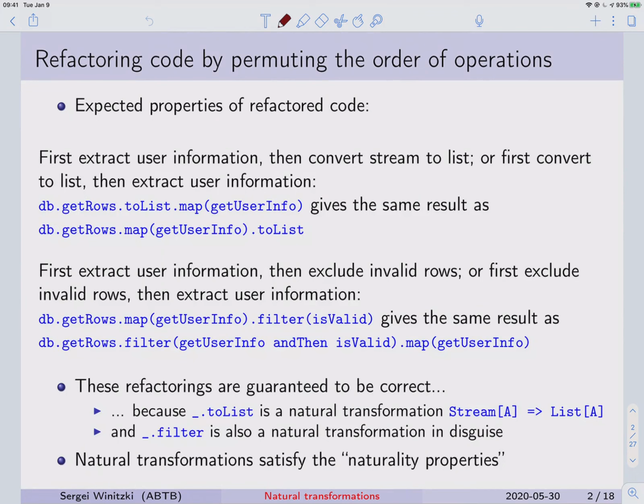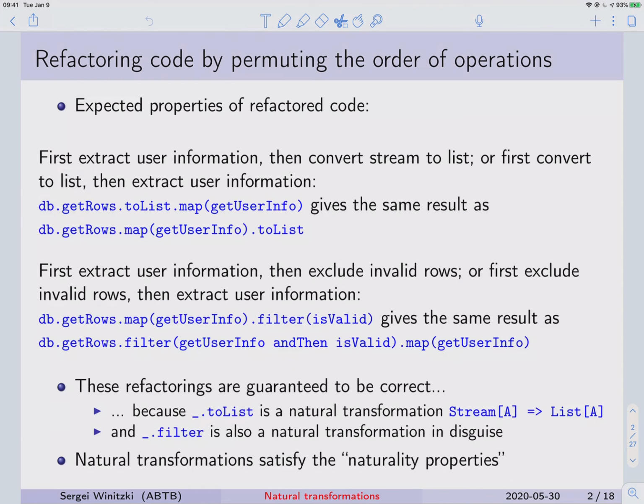The motivation comes from a refactoring that changes the code without changing the result. One possibility is that, for instance, you have here a database access that gives you some kind of iterator or stream, and you want to extract user information from that stream as a list of some user information data.